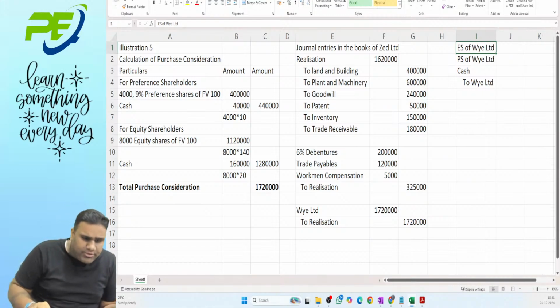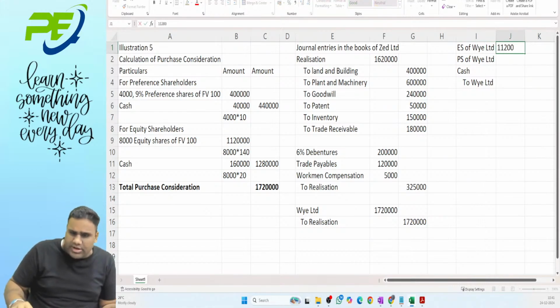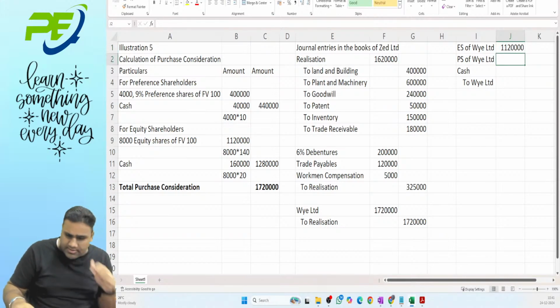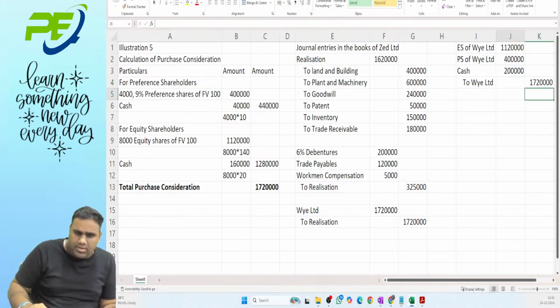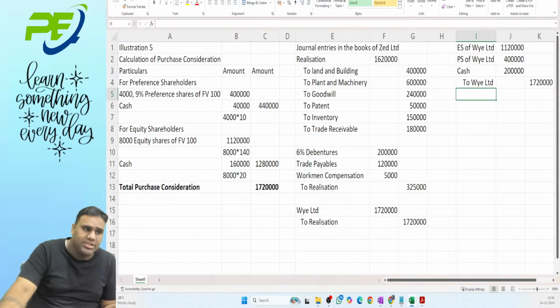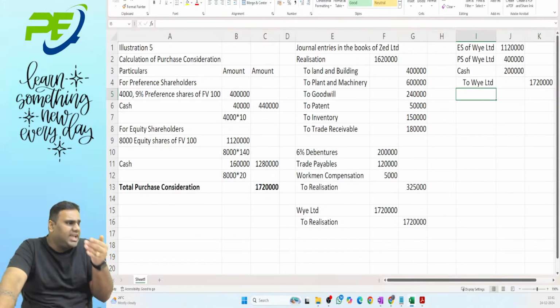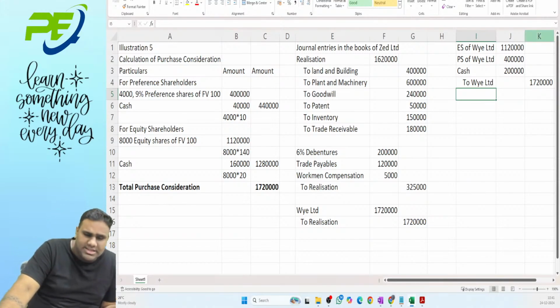So equity shares, how much? 11,20,000. Preference shares, 4 lakhs. Cash, 2 lakhs. And 17 lakh 20,000. So this is purchase consideration received.